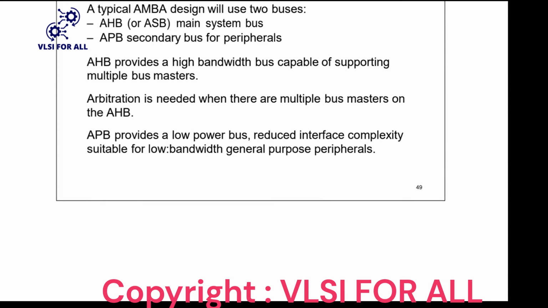And to establish communication between two subsystems, they will use one of the protocols. The general meaning of protocol is just a set of guidelines, and we have to follow those guidelines in our SOC so that we can establish smooth communication between subsystems, between two functional blocks. So this is about the APB.